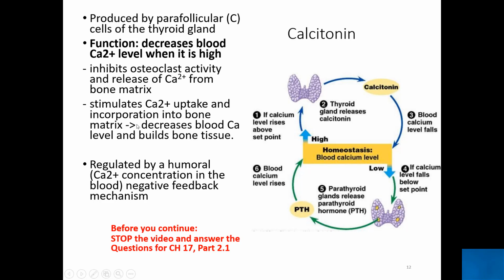Also, calcitonin can uptake calcium from the blood and incorporate it into bone matrix, which also decreases blood calcium level and helps to build bone tissue. So blood calcium level returns to normal level.